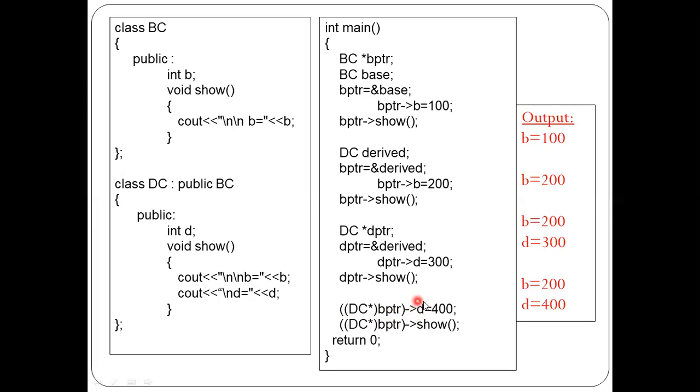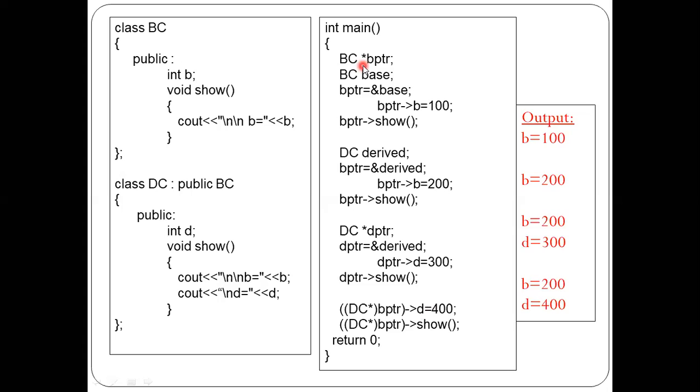D is a variable we included as part of the derived class. Initially, with the help of a base class pointer, we can point to a derived class, but with a derived class pointer, we can also point to a base class.